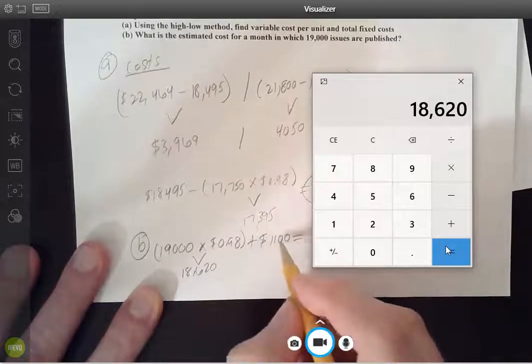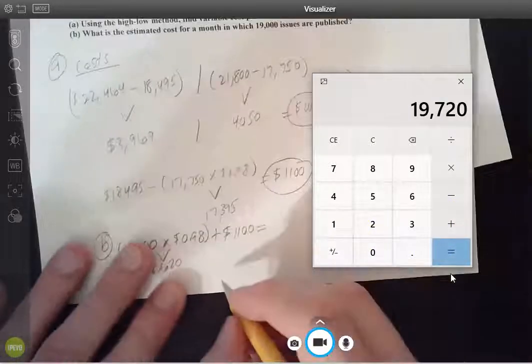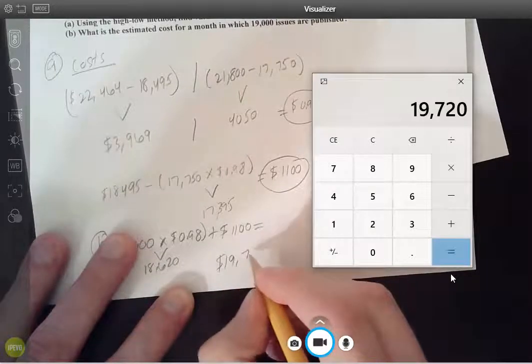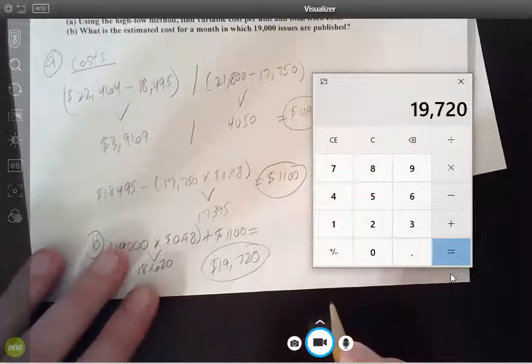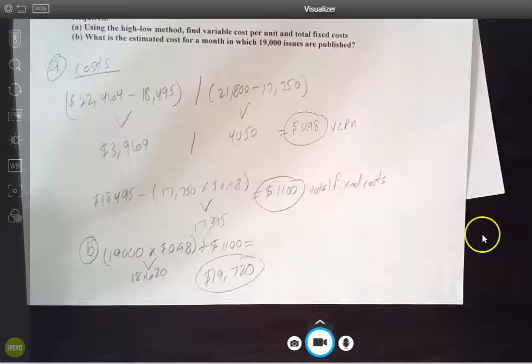And we're going to add $1,100 to that. And that's going to give us a final answer of $19,720. And that is our answer. So hopefully that's enough to help us with the high-low method that we might encounter on our comprehensive problems.